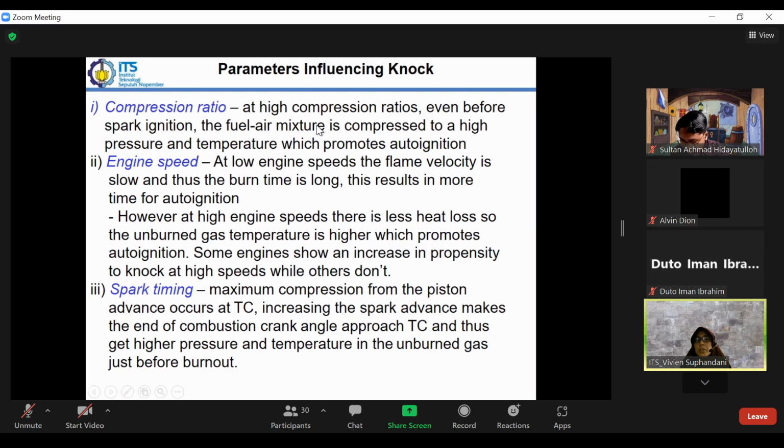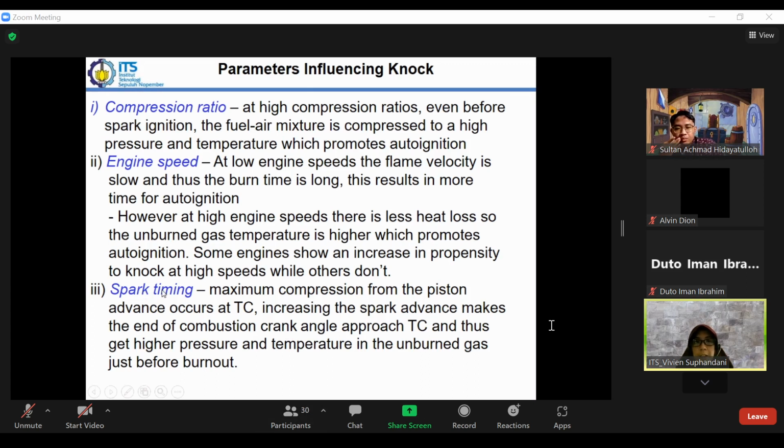So if we set the spark timing too advanced, it will increase the pressure before it's really burned, the pressure getting very high because it's also compression, and that will cause the unburned gas to auto ignite. So this is a problem when we don't set the spark timing correctly.